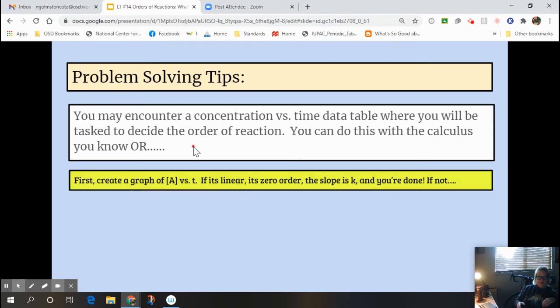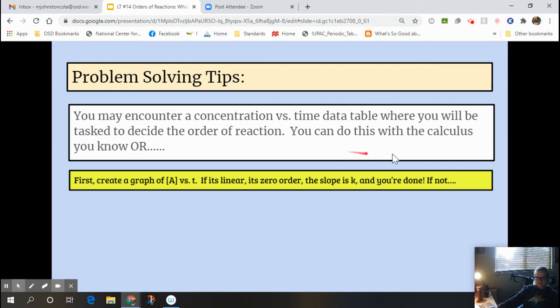First thing everybody does is create a graph of the concentration of A versus time. So if I graph using Google Sheets or your graphing calculator and I find that graph is linear, it's zero order, the slope is your rate constant, and boom, you're done.